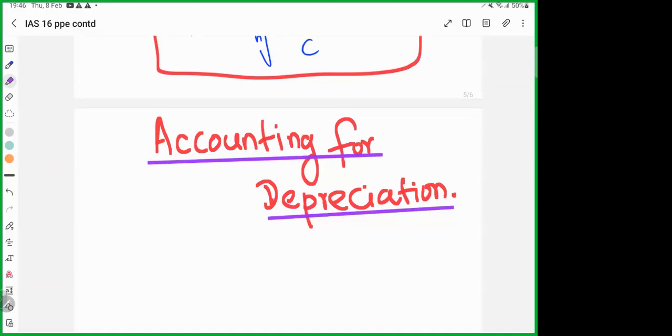accounting for... we will talk about what? Accounting for depreciation.